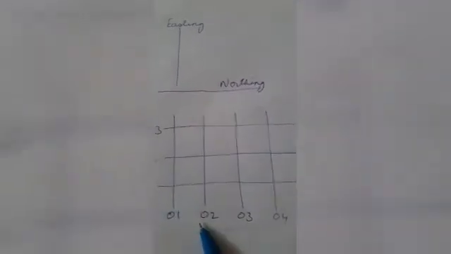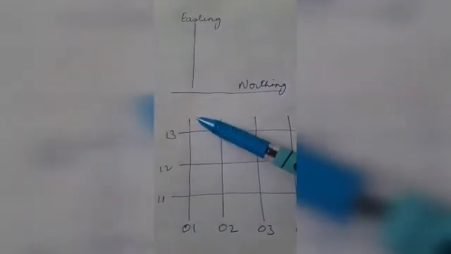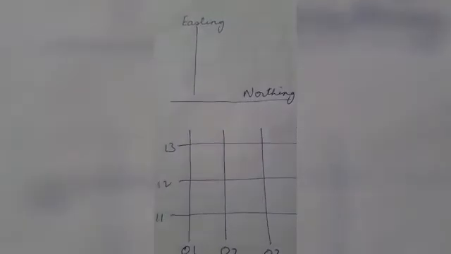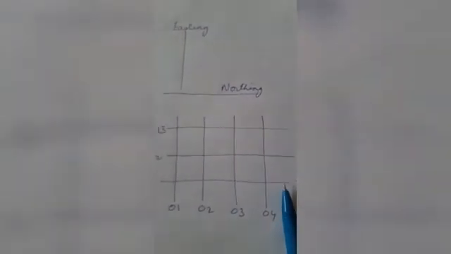Now the lines of the eastings and the lines of the northings are both numbered. If it is the 01 line running here, the same 01 will be at the top. If it is 02 here, then the same 02 will be at the top. Likewise for the line of the northing, 11 on this side, then on this side also it would be 11.